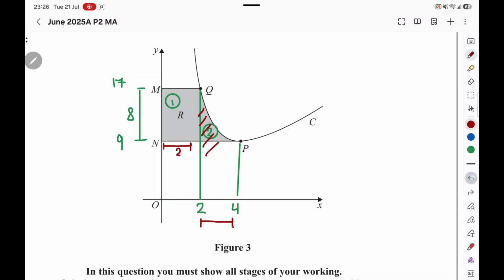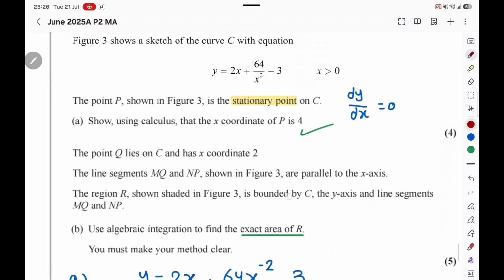If I only want the shaded area 2, I will need to subtract the area of this rectangle. How much is the area of this rectangle? Base times height. The base is 2, the distance from 2 to 4, times the height, which is 9. 2 times 9 is 18.